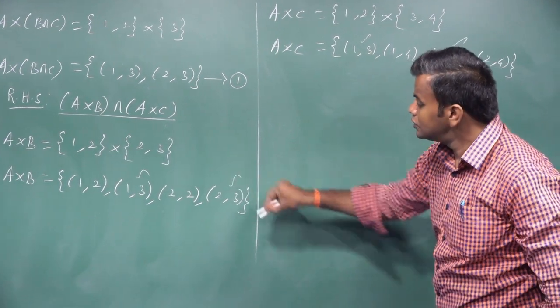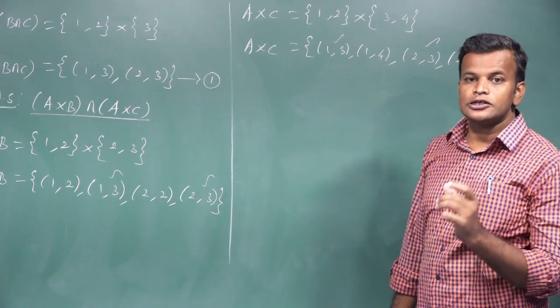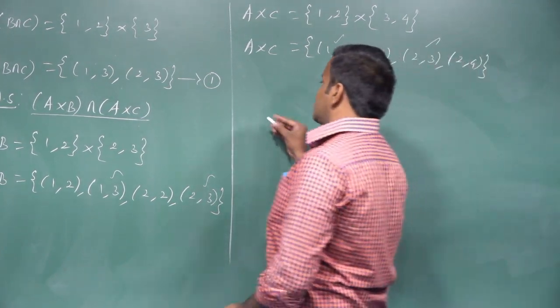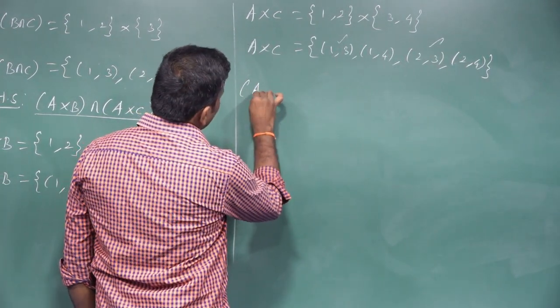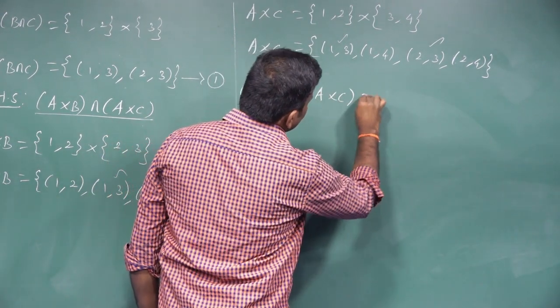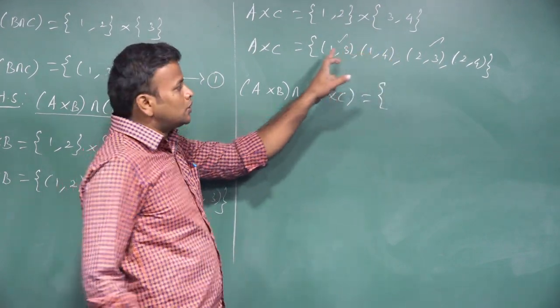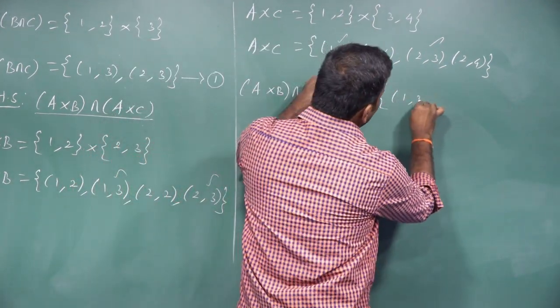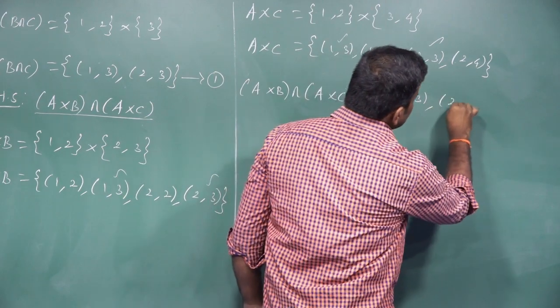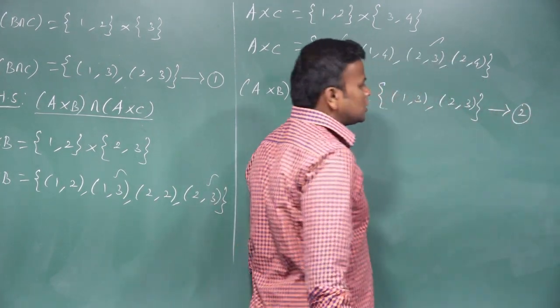So only these two ordered pairs are common in A cross B and A cross C. So (A cross B) intersection (A cross C) is the common elements: (1, 3) and (2, 3). I put it as the second equation.